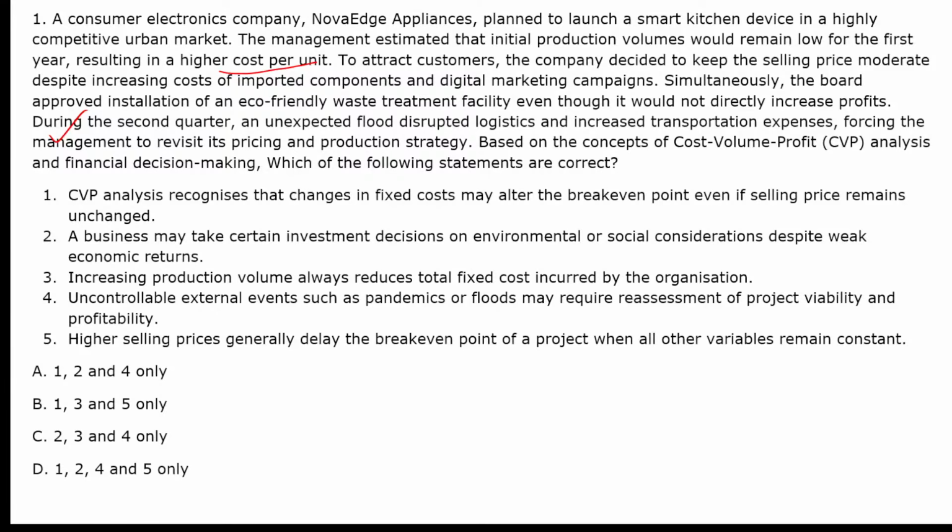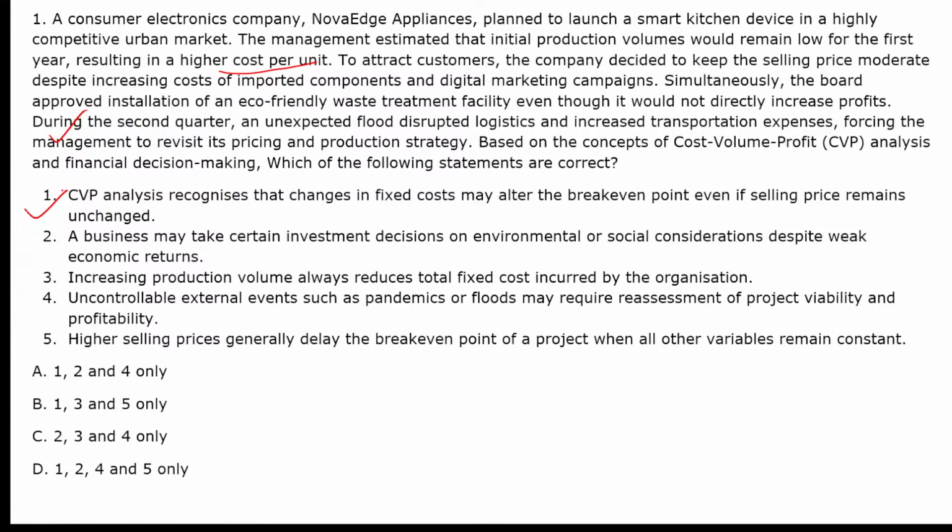So any sort of fixed cost will determine your BEP. Do you think this is correct, that your BEP is highly dependent on your fixed cost? Yes. If my fixed cost is equal to my contribution, then I have achieved break even point. So this is correct.